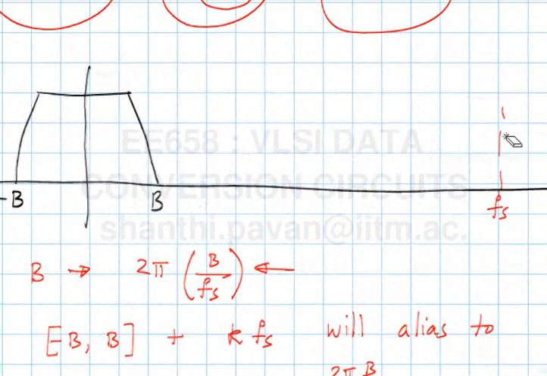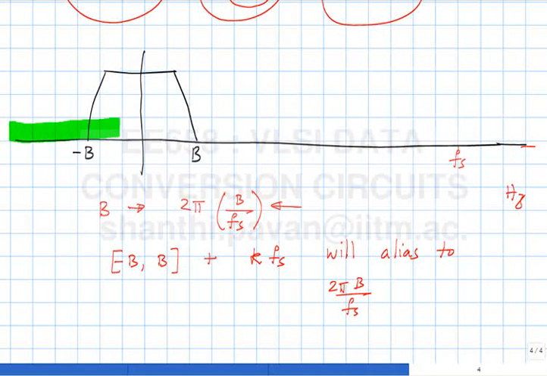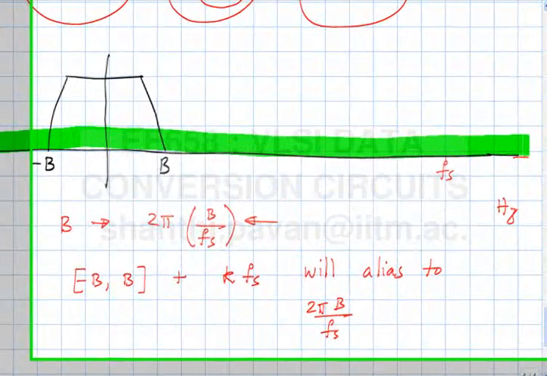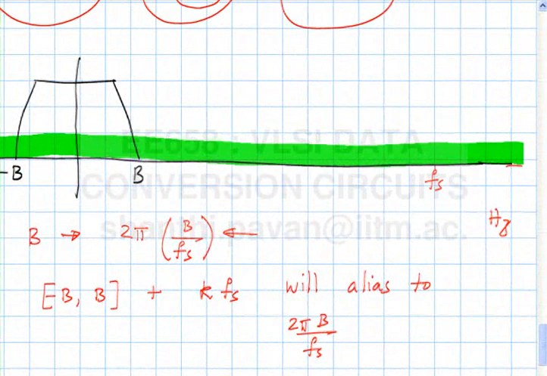So even though the input signal just happens to be plus minus B, as I discussed yesterday, all signals are accompanied by noise, and this noise need not necessarily be confined to the signal band. It could have components with frequency content much higher than B. In this picture it is shown in green, so this corresponds to noise.